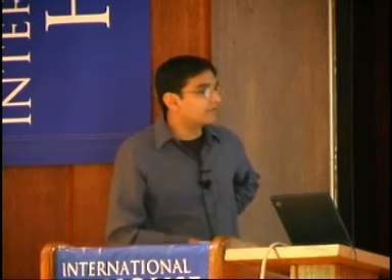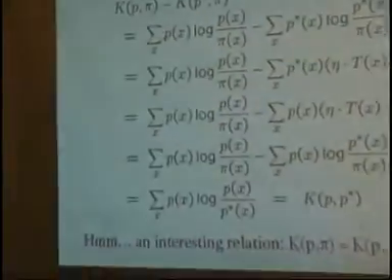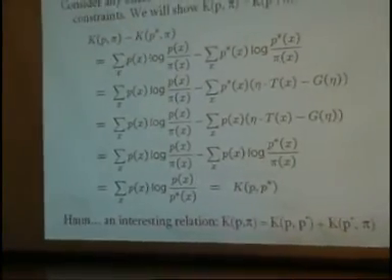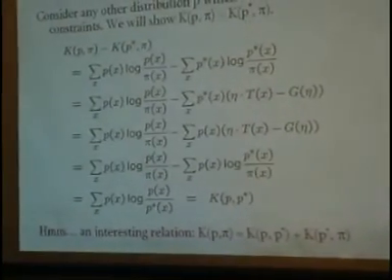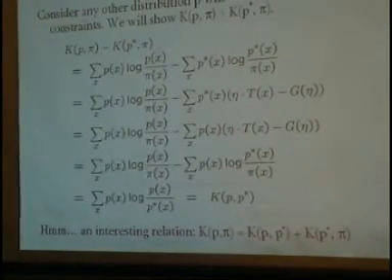This one relation turns out to be extremely useful for us. We've now derived this relation that the distance from P to pi is just the distance from P to P star plus the distance from P star to pi. Let's see what this looks like geometrically.